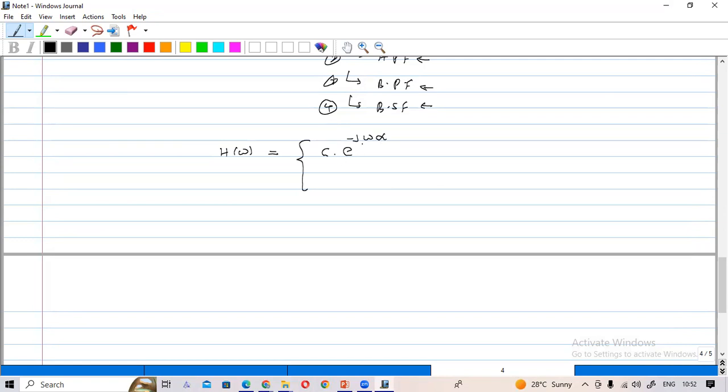So c e to the power minus j omega alpha, where omega is between minus omega c and plus omega c, and zero otherwise, that is, for omega greater than omega c.